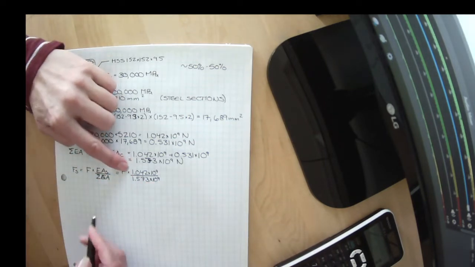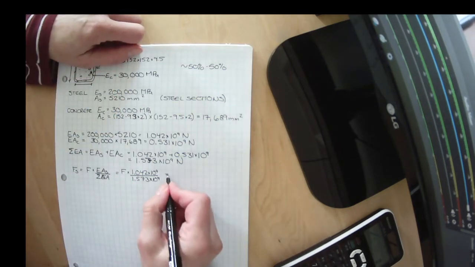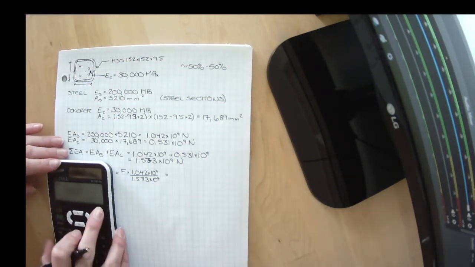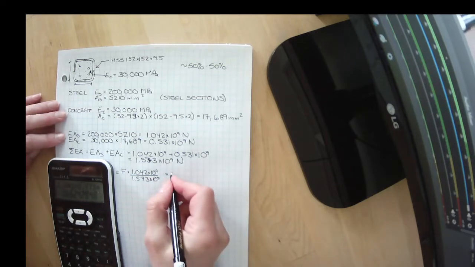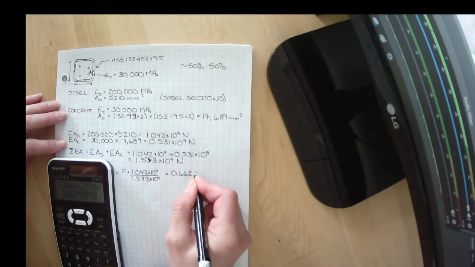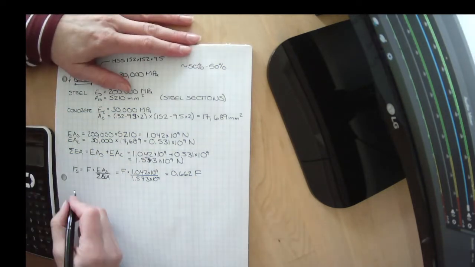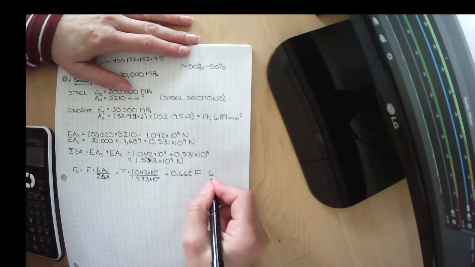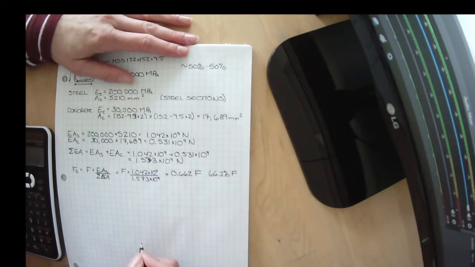Or the ratio of that total stiffness that is due to the steel. So 1.042 divided by 1.573 equals 0.662 F. Or the steel is going to take 66.2% of the force.